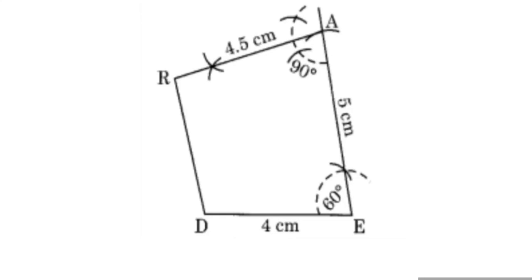Now again draw an angle of 90 degree at point A. As vertex R is 4.5 centimeter away from vertex A, cut a line segment RA of 4.5 centimeter from this ray. Now join D to R. So DEAR is the required quadrilateral.